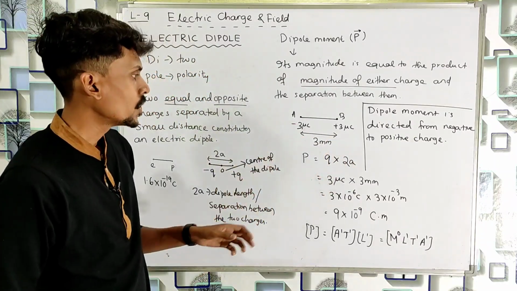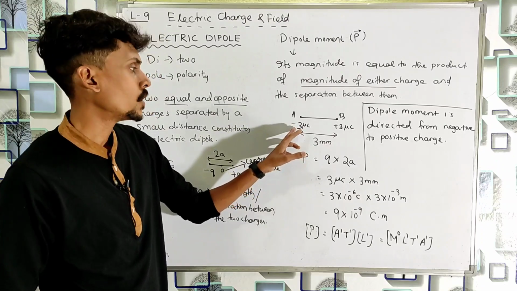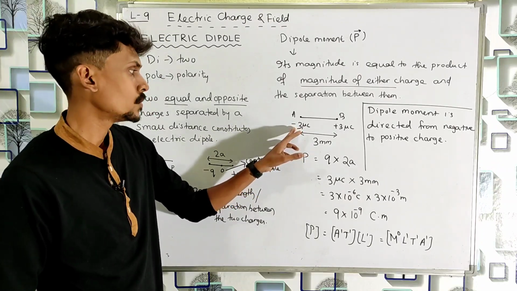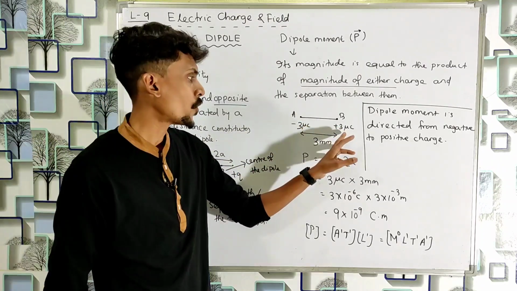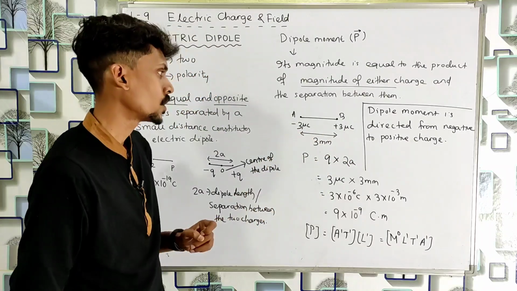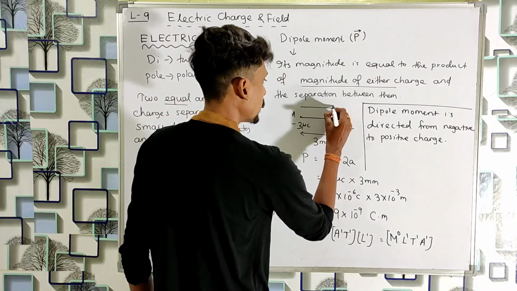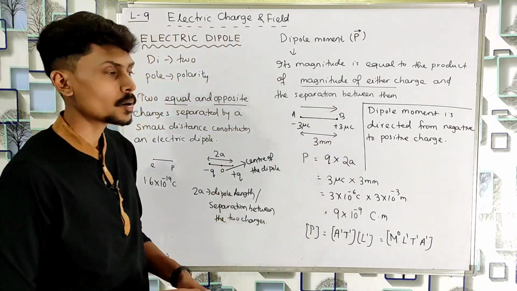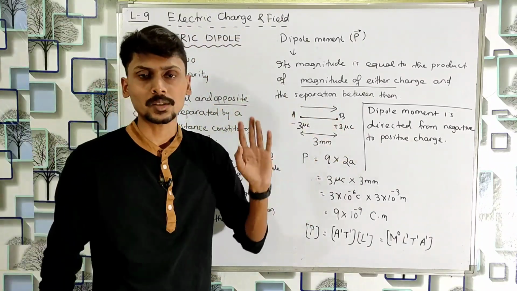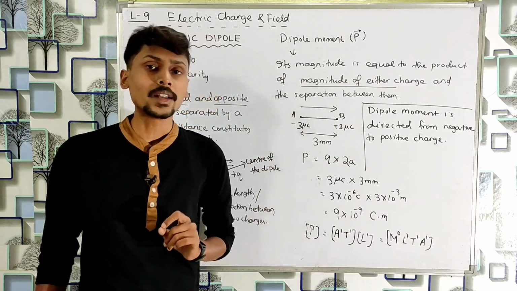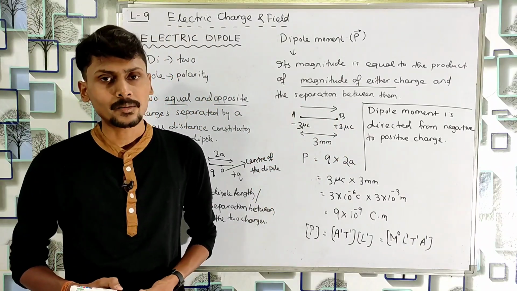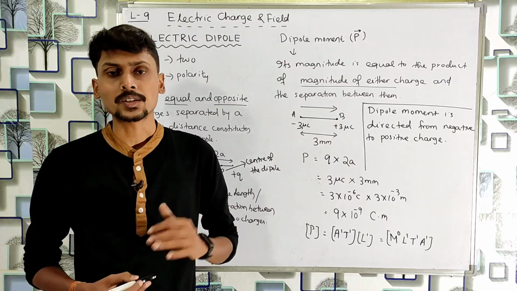In this diagram, at A we have a charge of -3 microcoulomb, negative charge, and at the point B we have a positive charge. So here the dipole moment is directed from negative to the positive charge. But electric field intensity is directed from positive to negative charge.